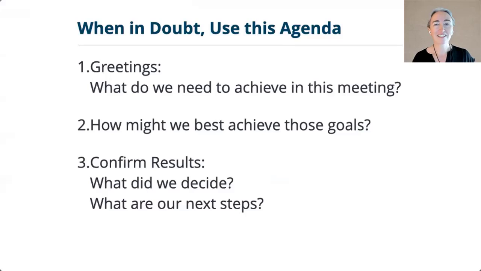Whatever they say, go ahead and write that down. After you've heard from everyone in the room what they need to achieve, what their goals are, then get it done. Figure out how might we best achieve those goals in the time that we have together. And when your time is getting near to ending, that last 5 to 10 minutes, take a moment and confirm your results. What did we decide, and what are our next steps?